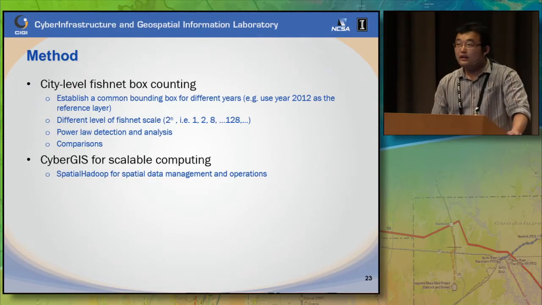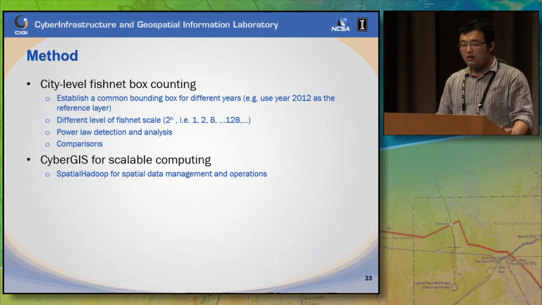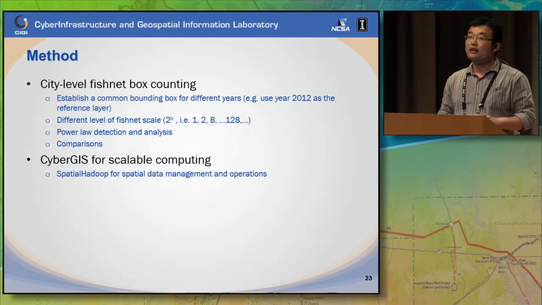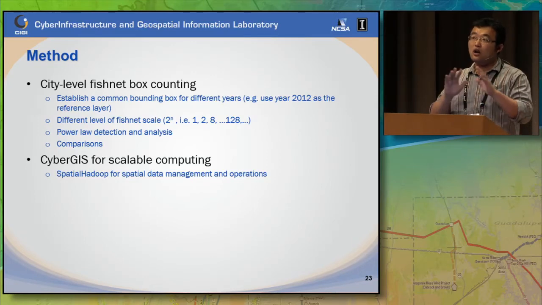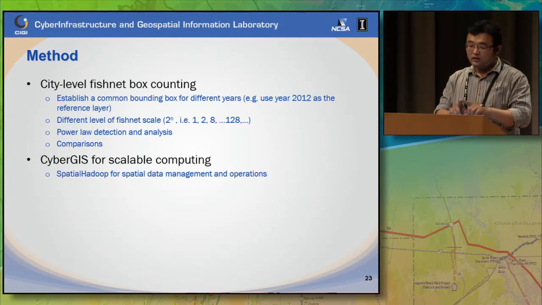For this approach, we were using a very simple approach, box counting. We choose a common bounding box for those 21 years of cities.